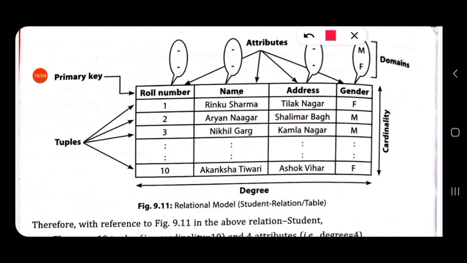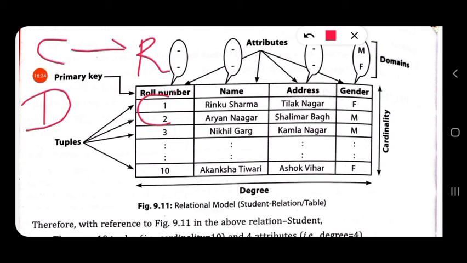And we have another thing, that is cardinality and degree. Cardinality is the number of rows and degree is the number of columns.